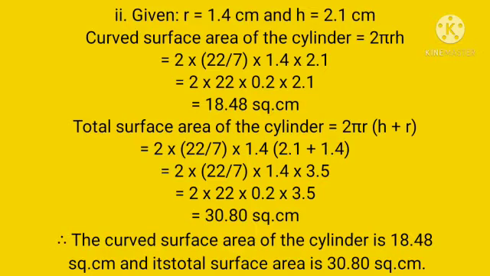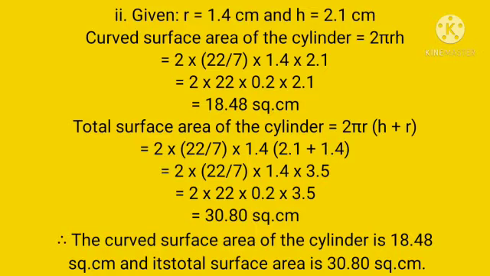Curved surface area of cylinder is equal to 2 pi r h. Let us substitute the value of r and h. So we get curved surface area of cylinder is equal to 2 multiplied by 22 upon 7 multiplied by 1.4 multiplied by 2.1, which is equal to 18.48 square centimeter.